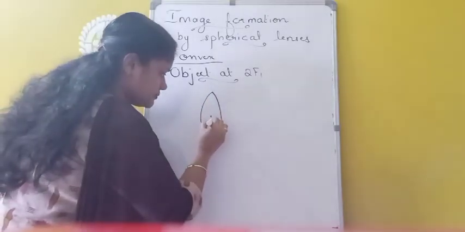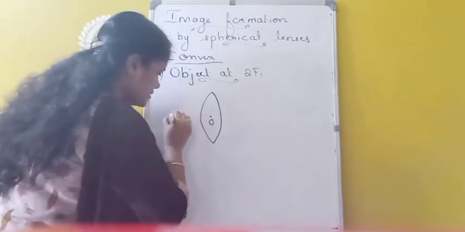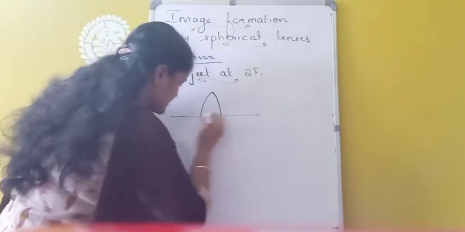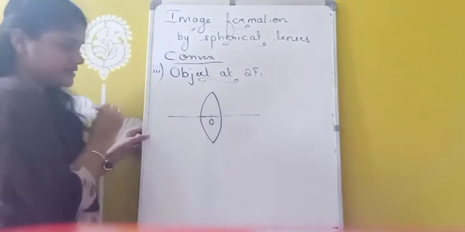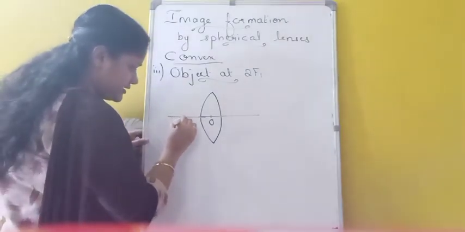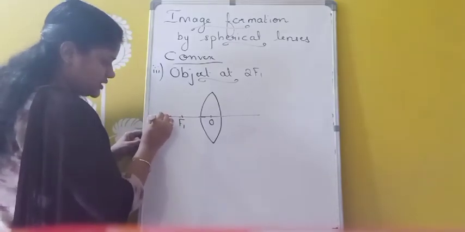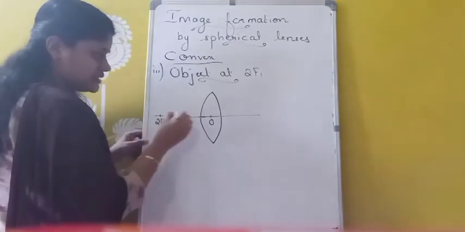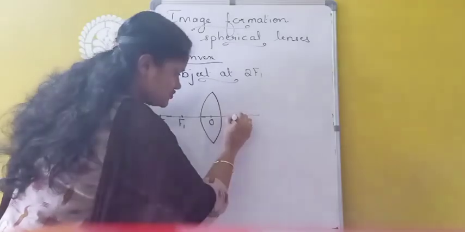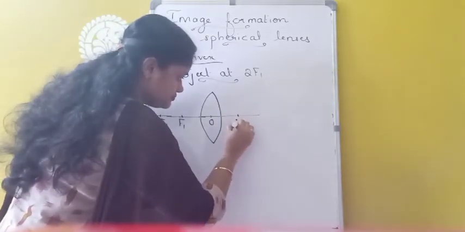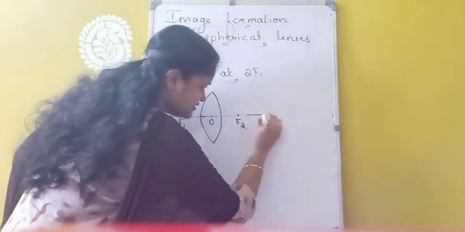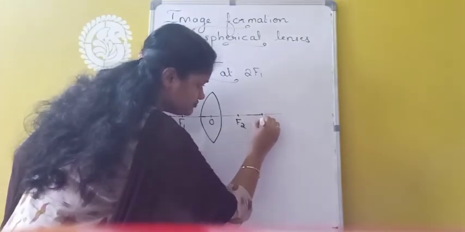Mark the optic center and draw the principal axis. On the principal axis, we can mark F1 here, and twice the distance we can mark 2F1. Similarly, this side also we can mark F2, and twice the distance, 2F2.